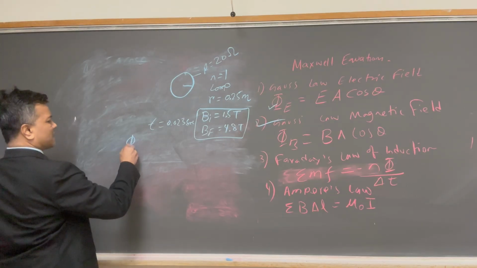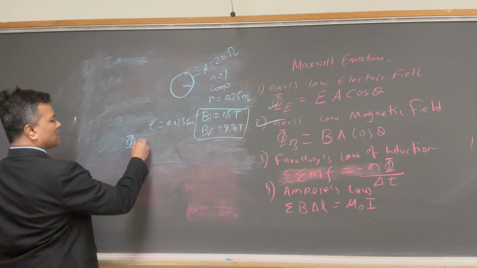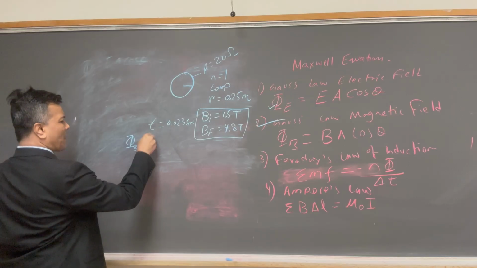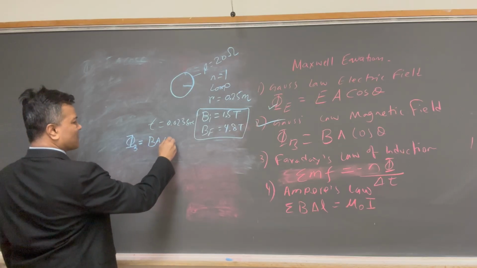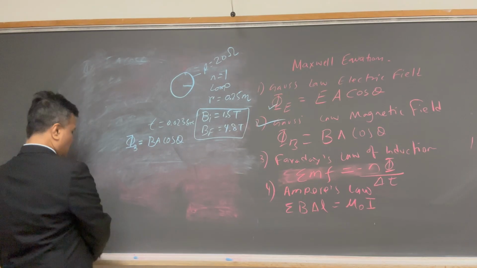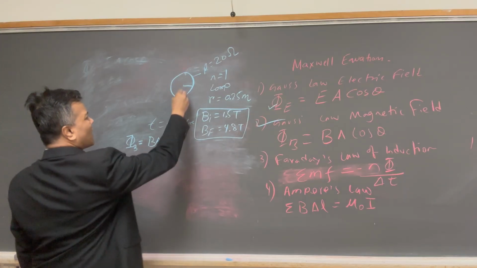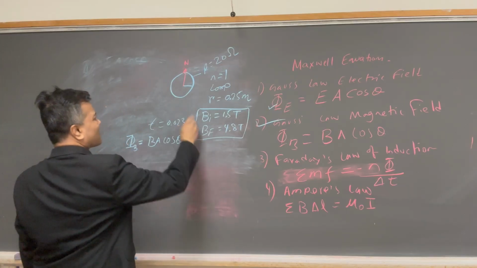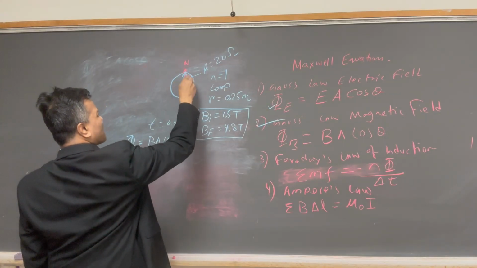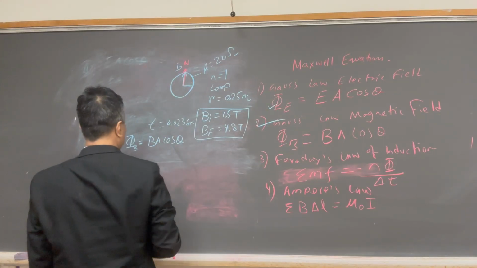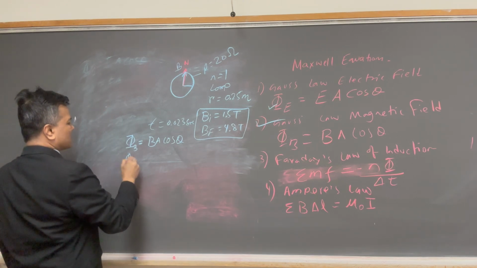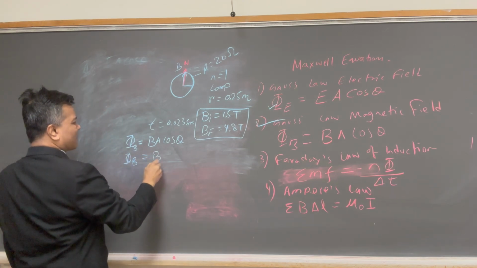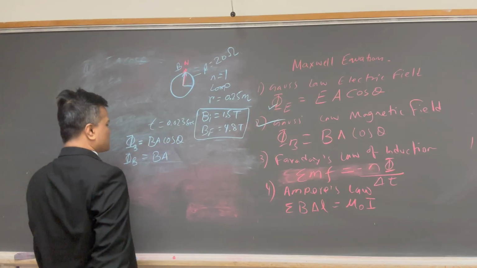So what is magnetic flux? Magnetic flux is, of course, BA cosine theta. This is normal, and our B field is also parallel to the normal, so we can say BA, because cosine 0 degree is 1.